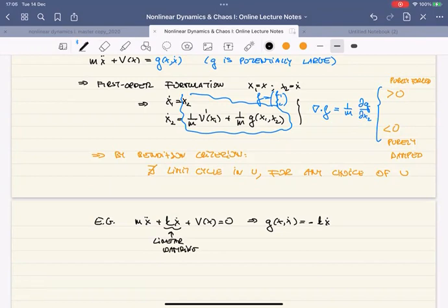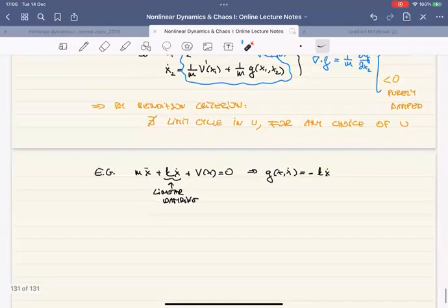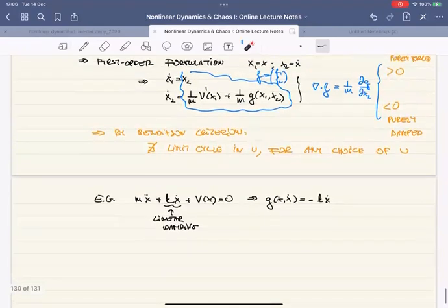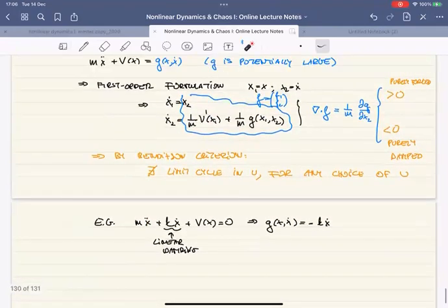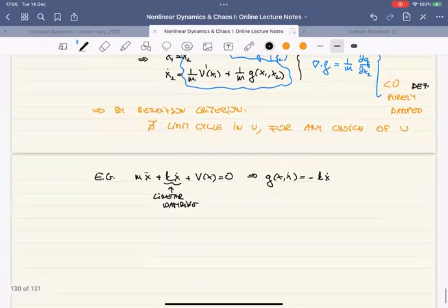Mind you, however, this is not a conservative system anymore, and I'm not even saying that k is small. This can be pretty large damping, and I'm not saying anything about the potential. It can be pretty bad, with lots of ups and downs, very strongly nonlinear. So I know very little about this system. Now let's check whether it's in the purely forced or purely damped category.